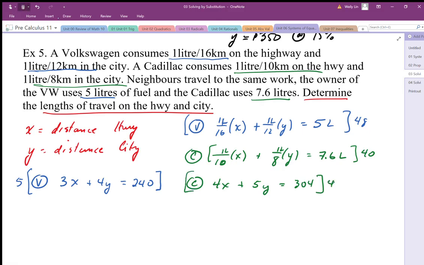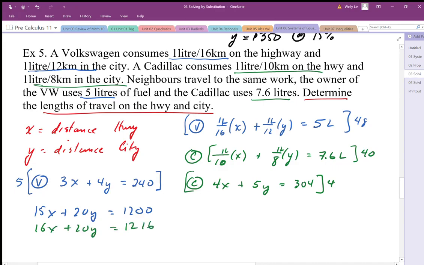My Volkswagen equation becomes 15x plus 20y equals 1200. My Cadillac equation becomes 16x plus 20y equals 4 times 304, which is 1216.